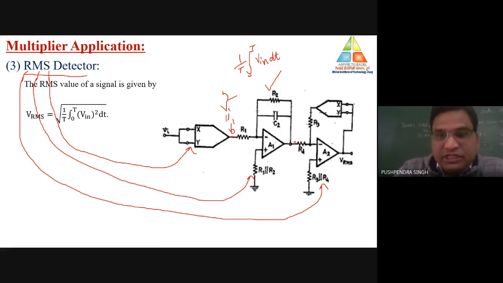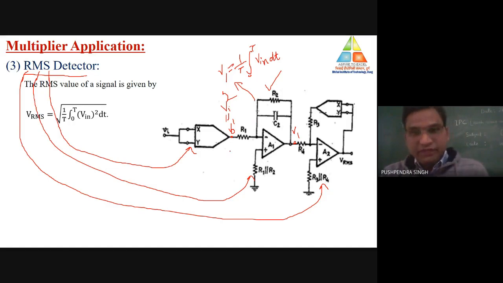Let's suppose the output is V1. So V1 is equal to 1 by T, integration from 0 to T, Vin into dt. Vin of this integrator is V naught dash, and the value of V naught dash is Vin square.